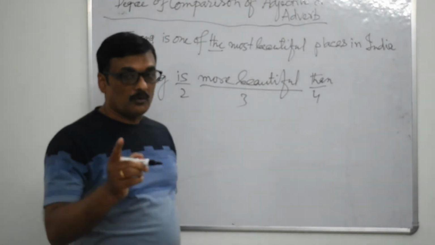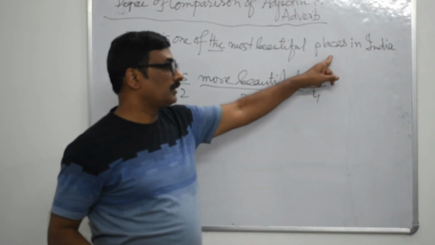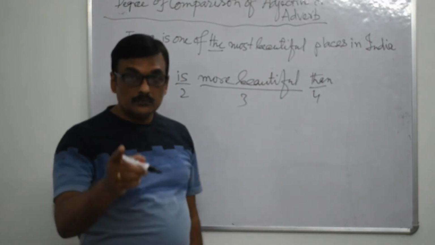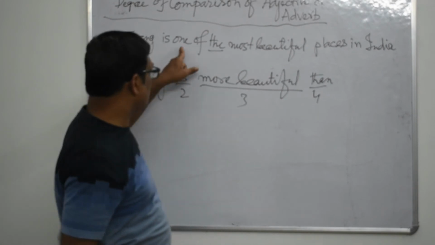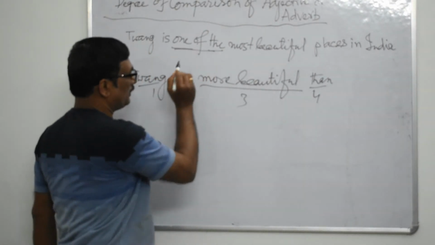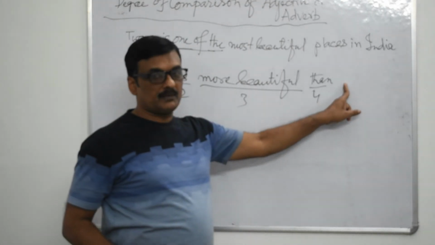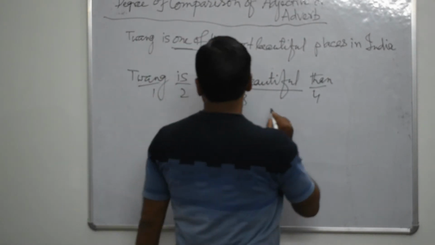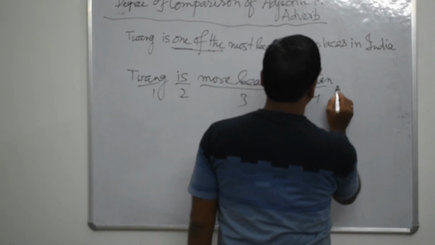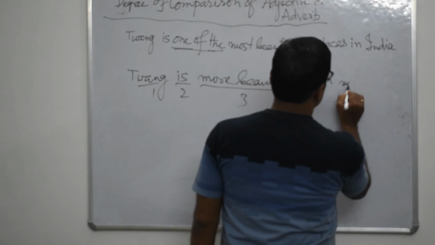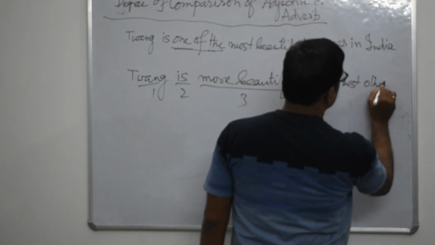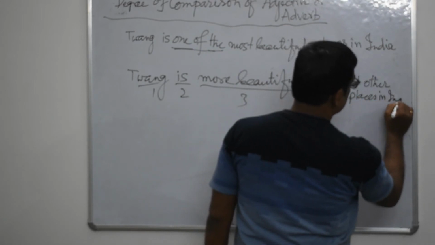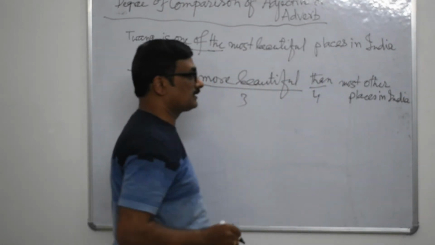Next, the object used in superlative degree will come to the place of object in comparative degree with minor changes. If there is one of the in superlative degree, then in comparative degree in place of the object it becomes most. So Tawang is more beautiful than most other places in India.